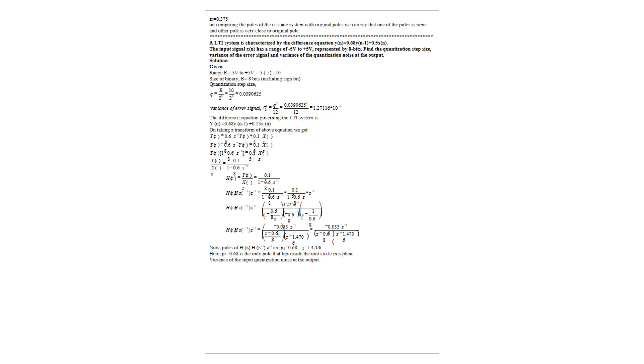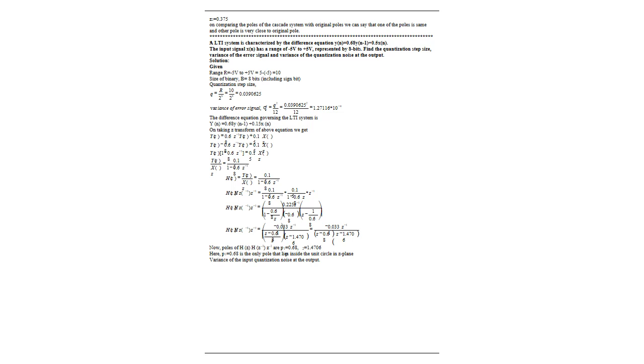So that is H of z is equal to Y of z by X of z, so 0.15 by 1 minus 0.68 z inverse. So H of z inverse into z inverse is equal to 0.15 by 1 minus 0.68 z inverse, plus 0.15 by 1 minus 0.68 z inverse into z inverse. So we have to consolidate the values. So we get H of z and H of z inverse.